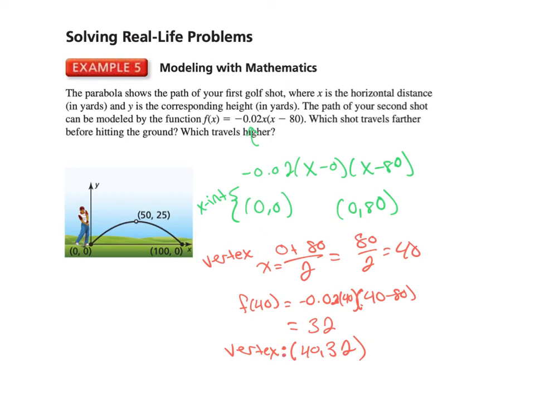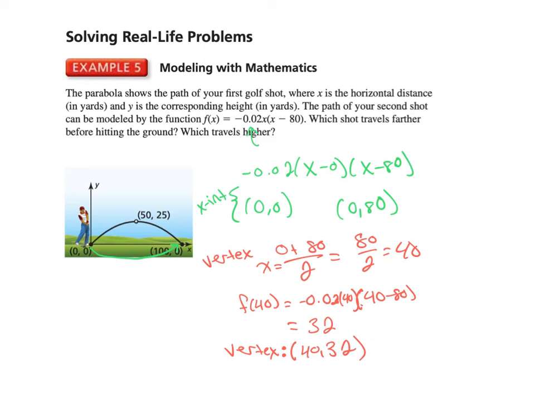So let's answer our question. Which shot travels farther before hitting the ground? If we look at the graph that's provided here, this golfer hit the ground at 100 yards.